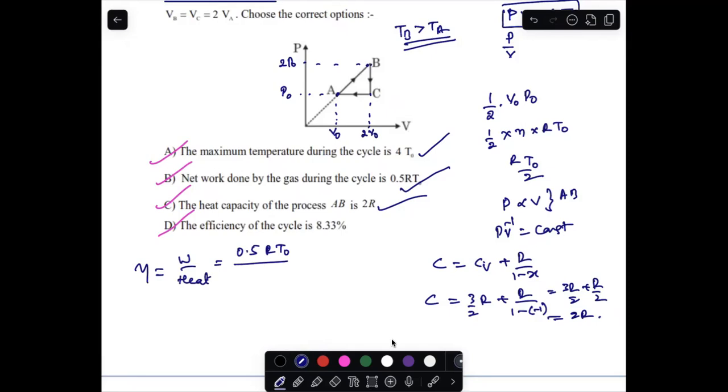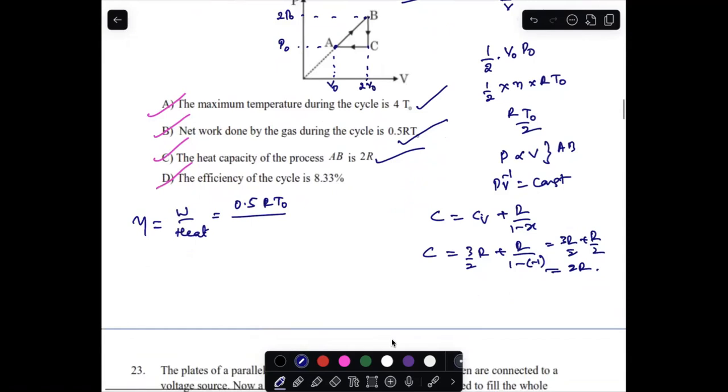Heat taken. Arre yaar, you have molar specific heat C. Hello. And N C delta T. You already said the temperature at B is 4T naught. The temperature here is T naught. N is 1. C is 2R. 1 into 2R into 4T naught minus T naught, which is 3T naught, which is 6RT naught.